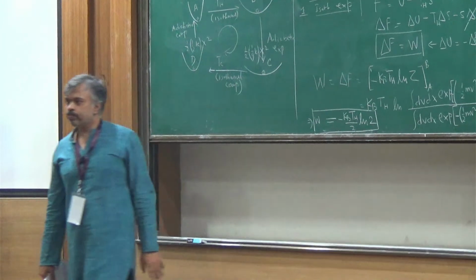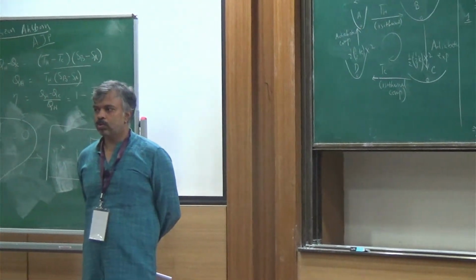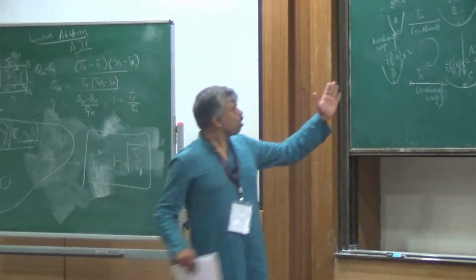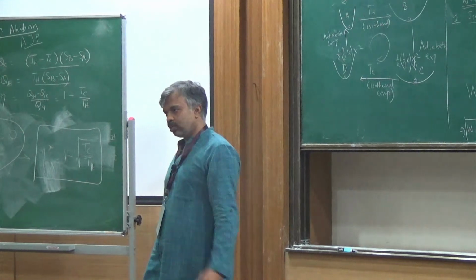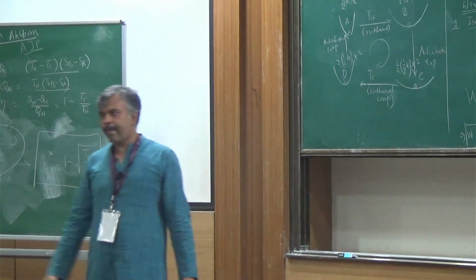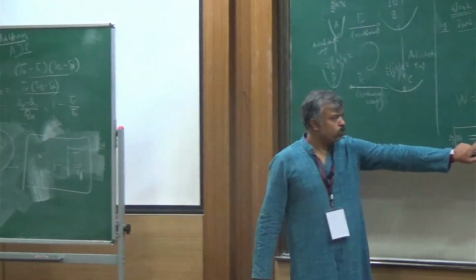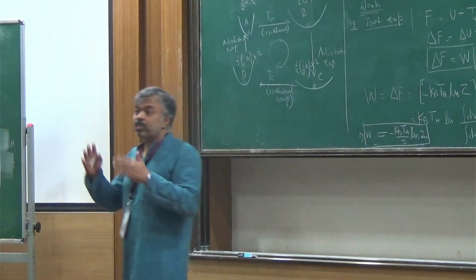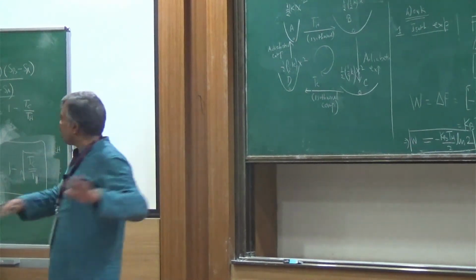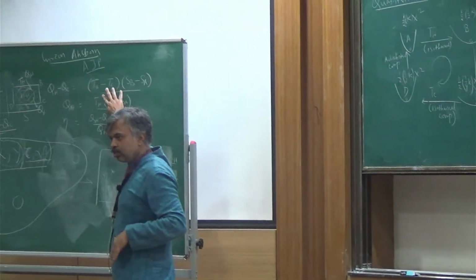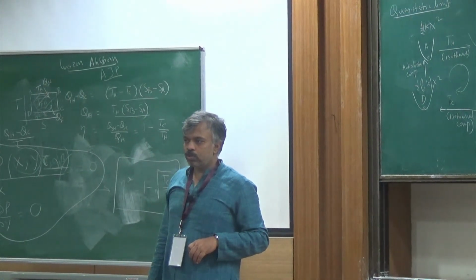Why would you need a piston like this? Doing this is similar to pulling a piston. No, but we were extracting work from that pulley, like in the previous one, Feynman. Oh, the Feynman one is different. That is what I am saying: I am not following the Feynman case here. I am more or less following the conventional one. But you were saying that we need a piston for engines.